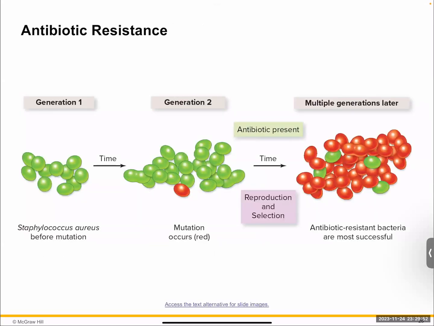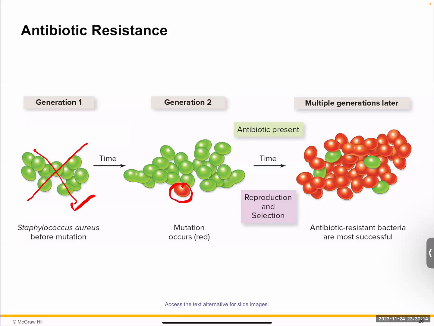To show you what that looks like, here is a group of bacteria we start with, and this is before anything has changed, no mutation, and your antibiotic can kill all of them. Now, as time passes, generations are created. In generation two, you will have a mutation in one of them.